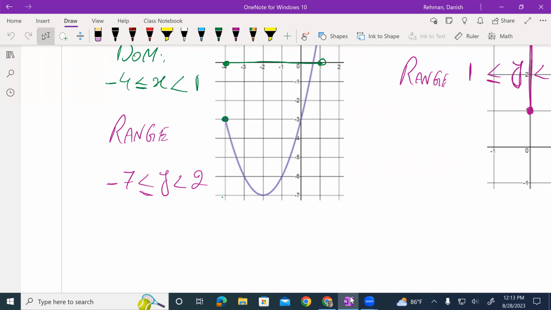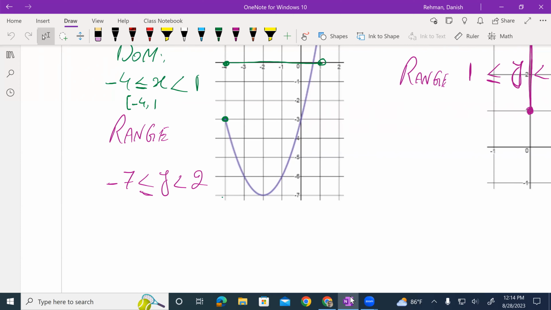So if I mention this domain, you see, -4 is inclusive. Whenever something is inclusive, we will use the square brackets. This is a square bracket. With the square bracket, I will put here a -4. And here, I will put a 1, but 1 is not inclusive.